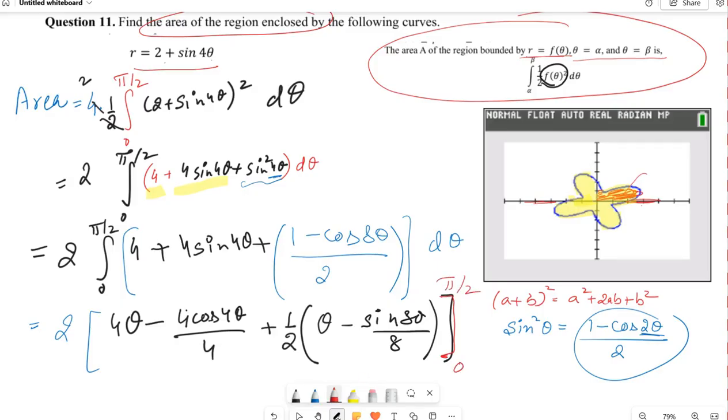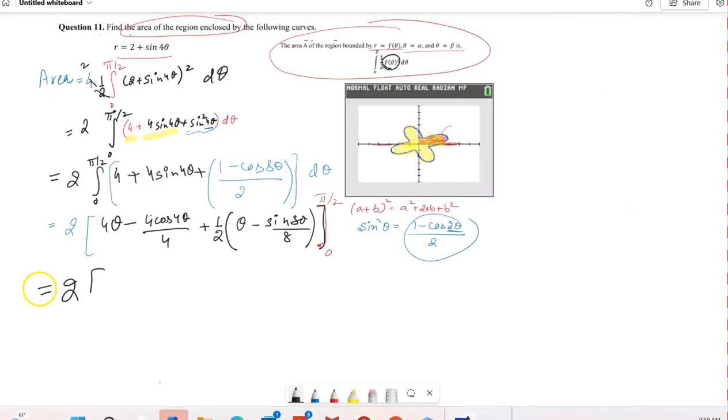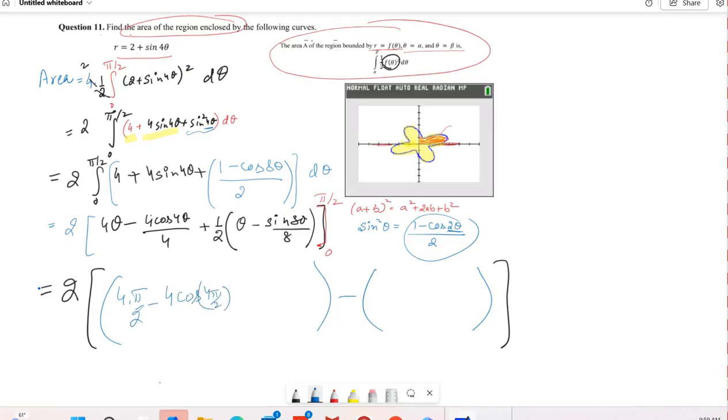So all you have to do is put in the limits now. So how do we put in the limits? We put the upper limit minus the lower limit. When I put the upper limit, 4 times pi by 2, minus 4 cosine 4 times pi by 2. This 4 just cancels, so I don't even need to write this 4.